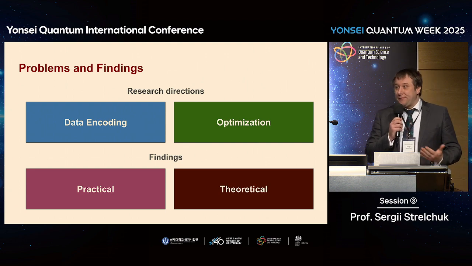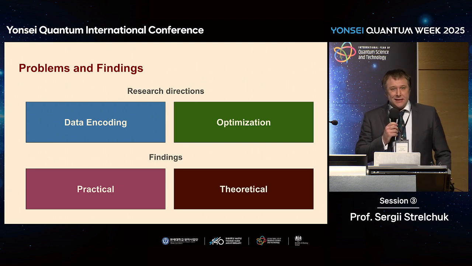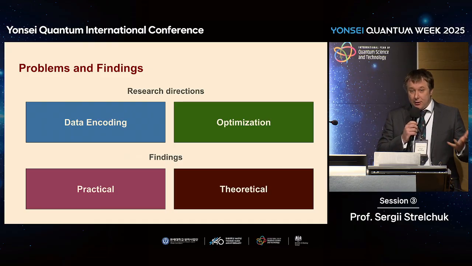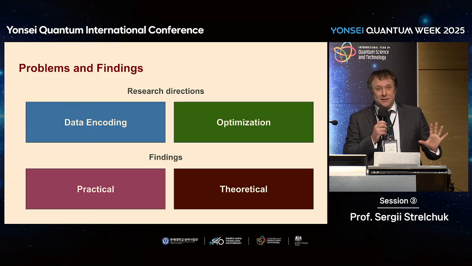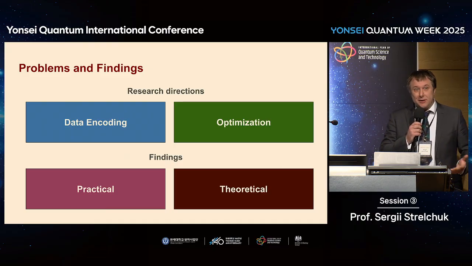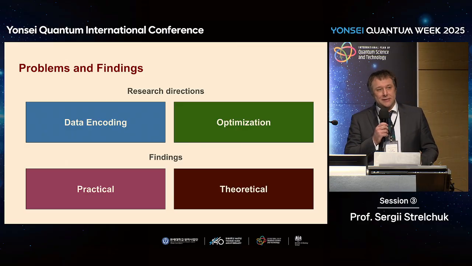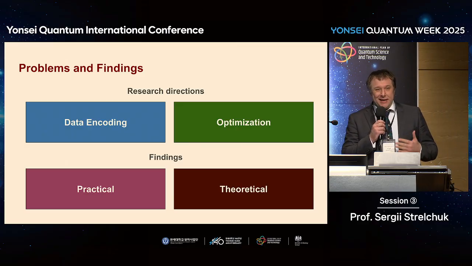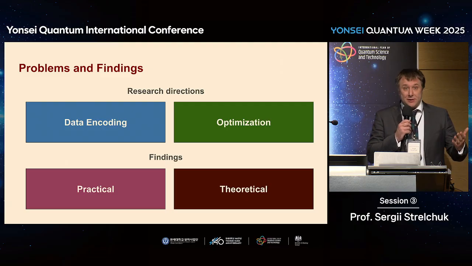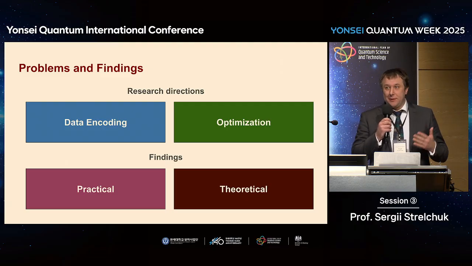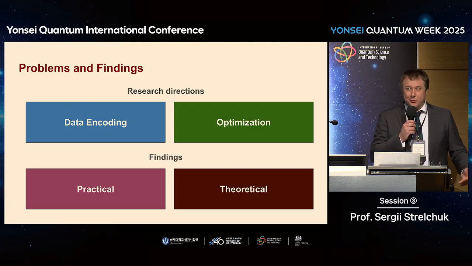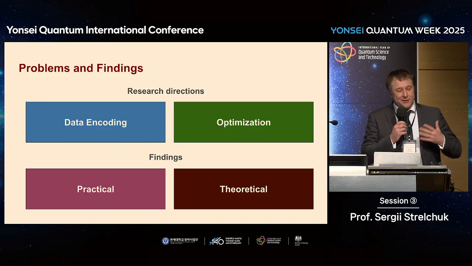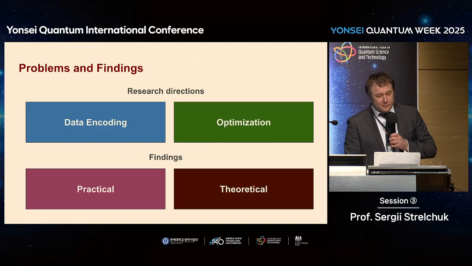We can also classify our current findings into two categories: ones that have near immediate practical potential, and ones with more theoretical significance, where currently we don't see any near-term advantage, but once quantum computers become big and powerful in the hopefully not so far future, we will be able to use them to do more sophisticated things.